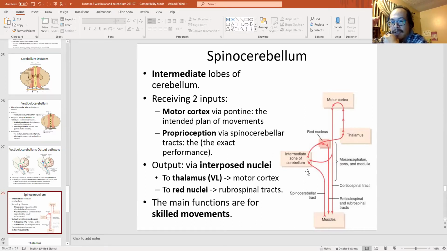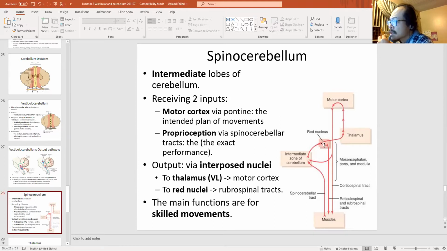So it can compare whether this matches the plan, right? Does this reach the goal? If not, it can make some adjustment here. So this is the major region for the improvement of skilled performance. Once it has done this calculation, the output sends a signal to the brain to tell it the new plan, through the thalamus to the motor cortex.